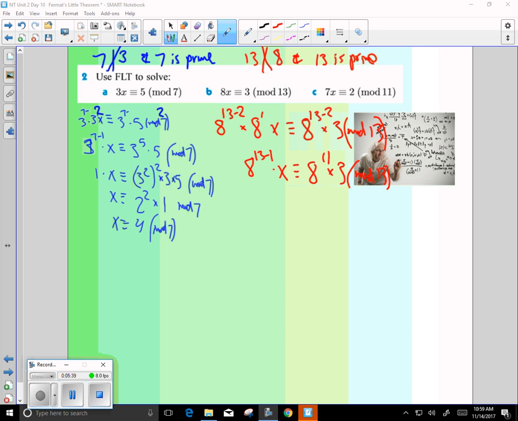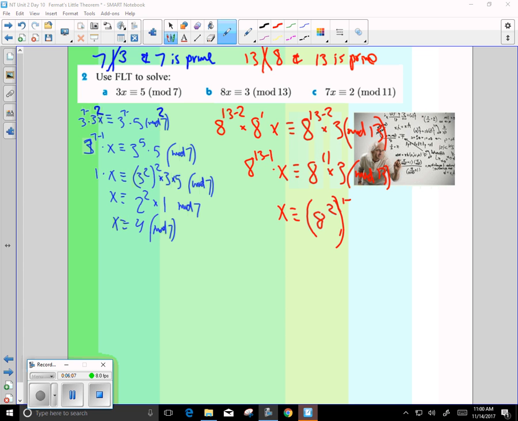So this is 1, so it'll be x is congruent to 8 squared. Well, what is 13 times 5? 65. And this will be 64, right? This is going to be 5, though.